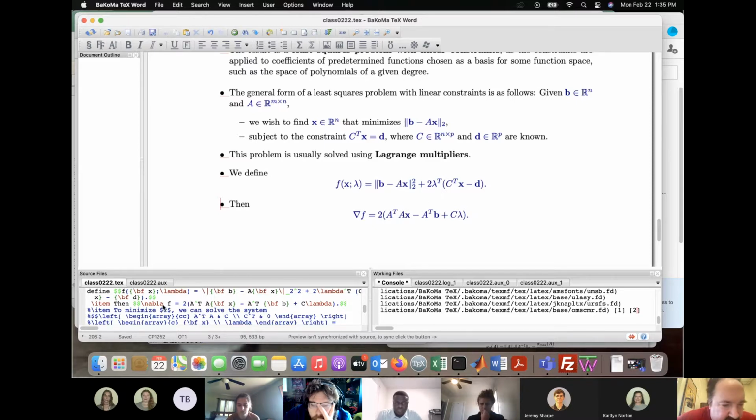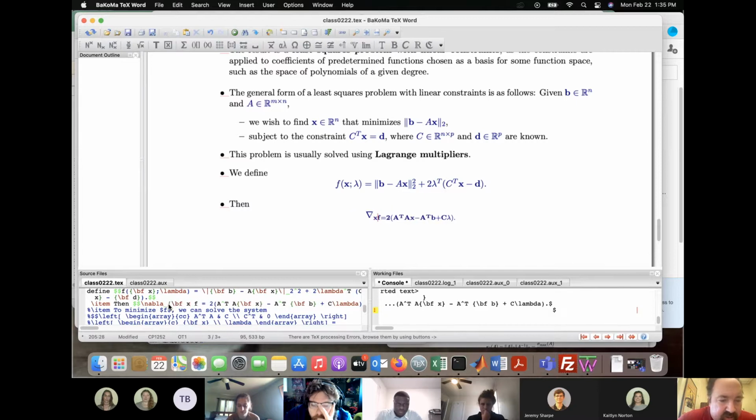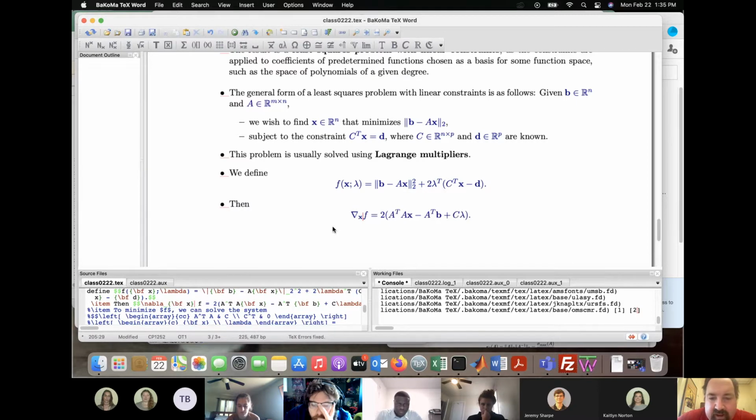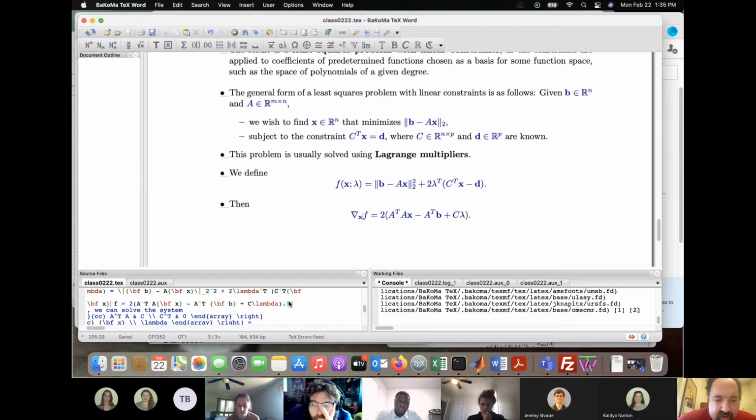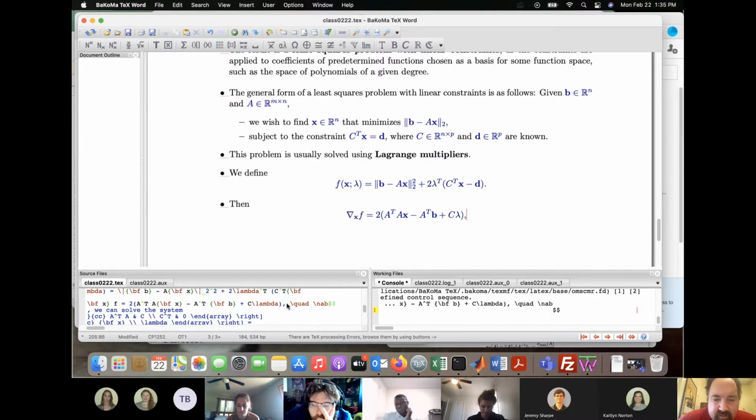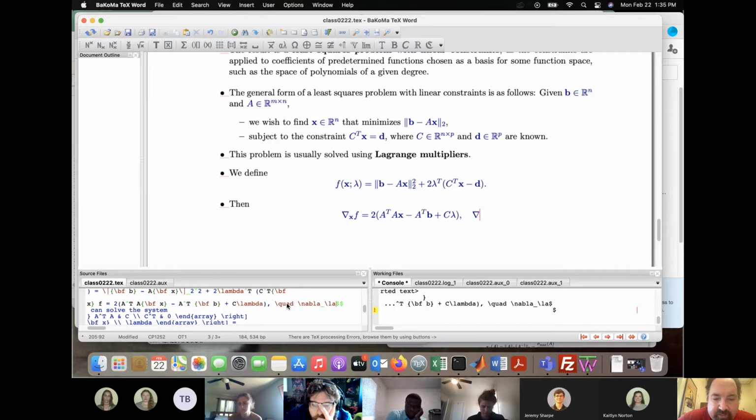I should say this is the gradient with respect to x, the x variables. You can think of f as a function of x where lambda happens to be a parameter. Now, we can also take the gradient in the lambda variables.